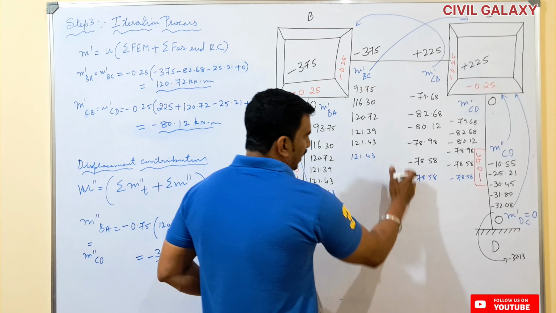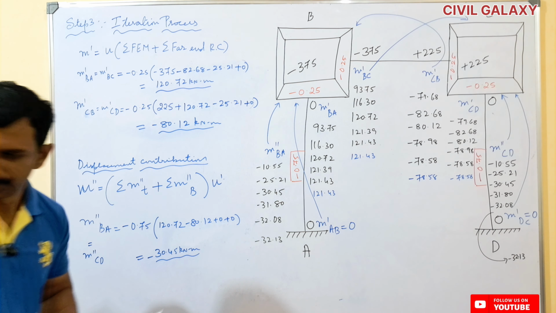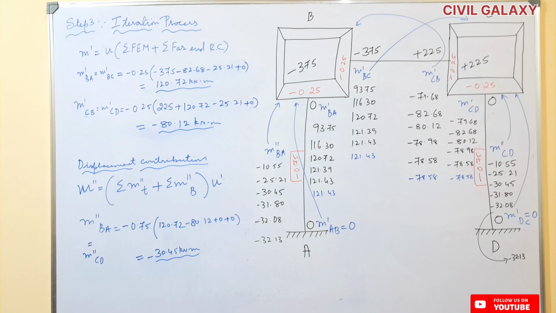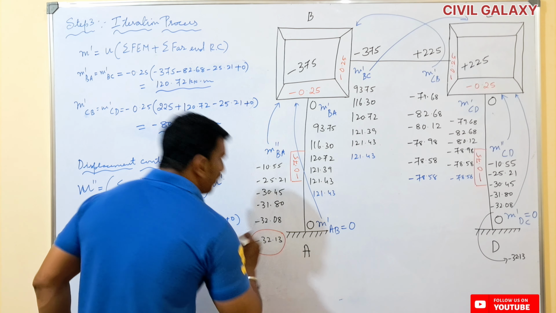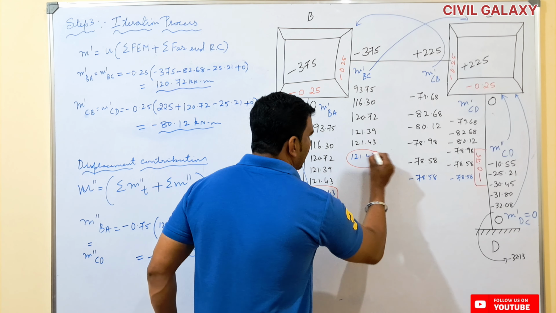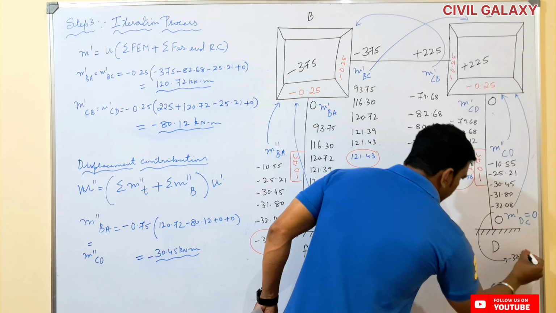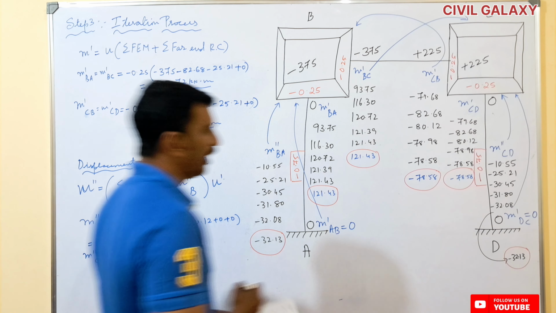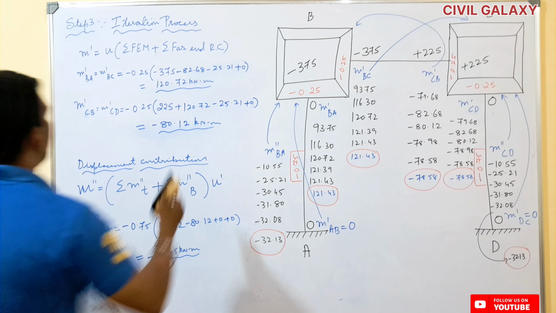So if we go for another cycle, we are going to get similar values. So we can consider these values as the final displacement contributions and the rotation contributions to calculate the final end moments. So these values we will consider for the calculation purposes of the final end moments.